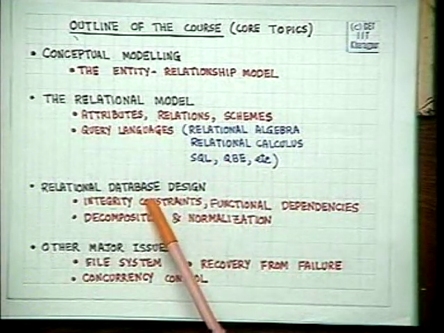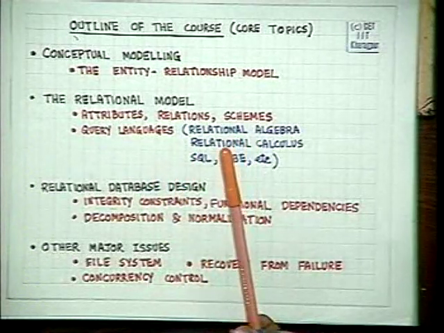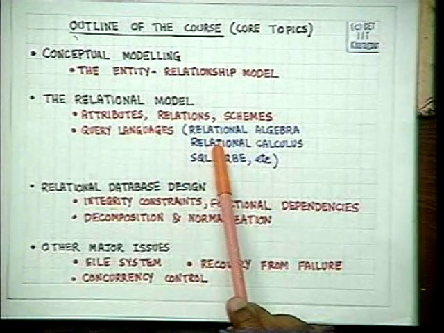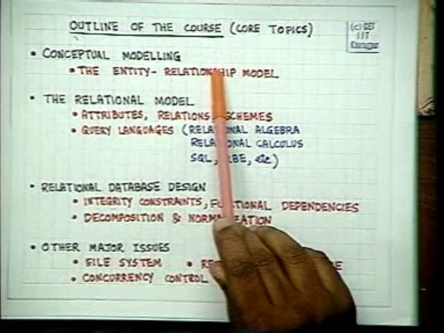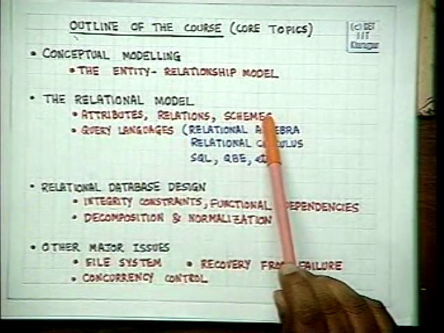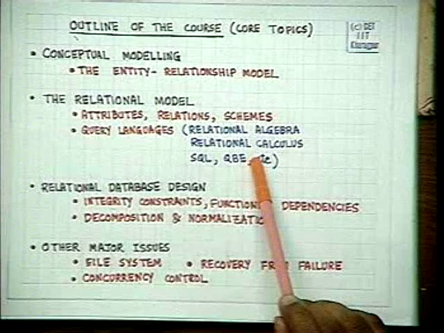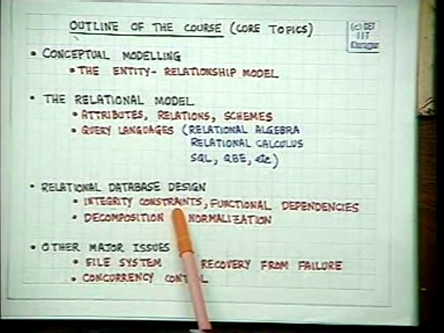Next, we will go into design. That is, we will ask the question, is this the best design of a database? We will conceive of a database as an ER model, convert it, and look at the conversion into a relational model. Then we will see, is this the best design?